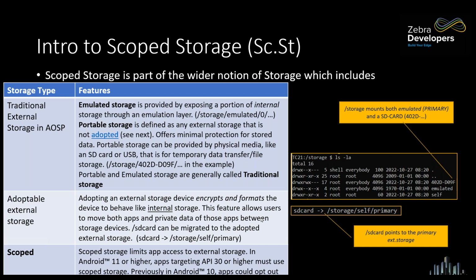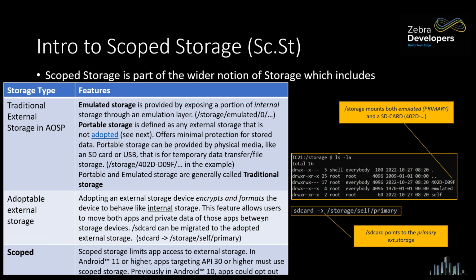The portable storage instead is defined as anything else that is not adopted, which we'll see immediately next. And this type of storage typically offers less protection for data. SD cards and USB fall under this type of storage, and their typical path is /storage/ some number defining, for instance, the SD card and so on.